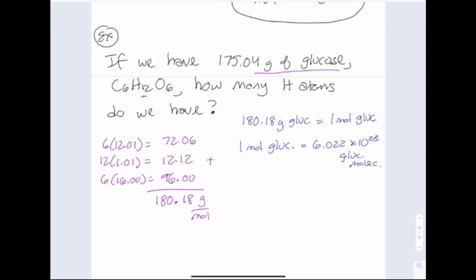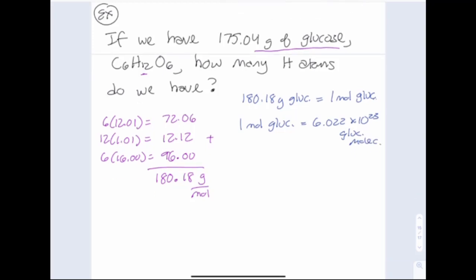You could use compound and you'd be perfectly correct. And then I also know for every 1 glucose, there are 12 hydrogen atoms, right? For every 1 molecule or compound of glucose, I have 12 atoms of H. So this one's going to be 3 steps.